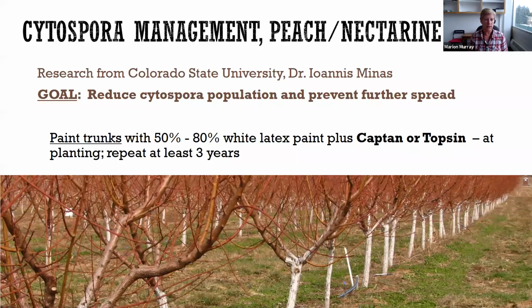So the goal is to reduce spread and infection from existing cankers, not necessarily to cure what's already there. Some of the findings over the past 3 years are that when new trees are put in the ground, you want to protect them. The trunks can be painted with white latex paint.